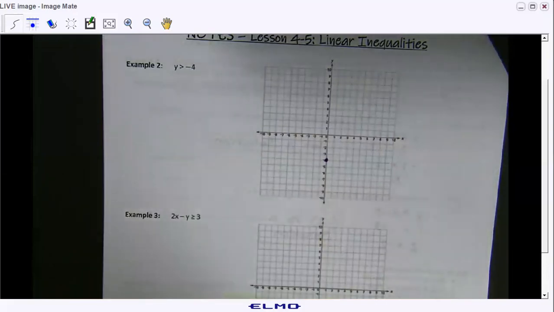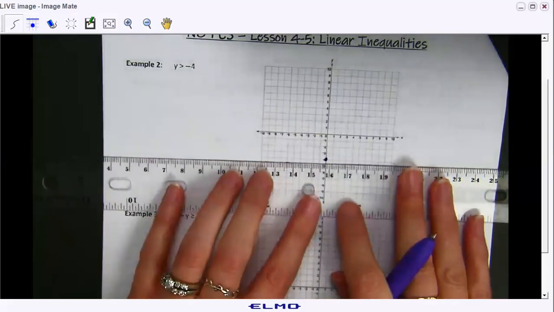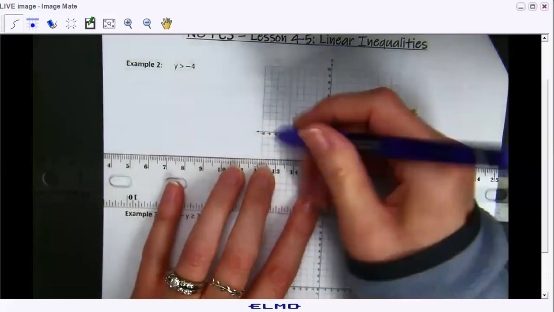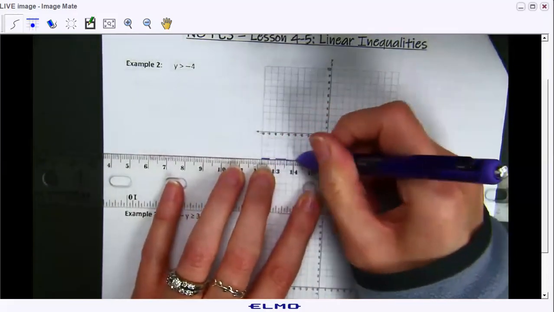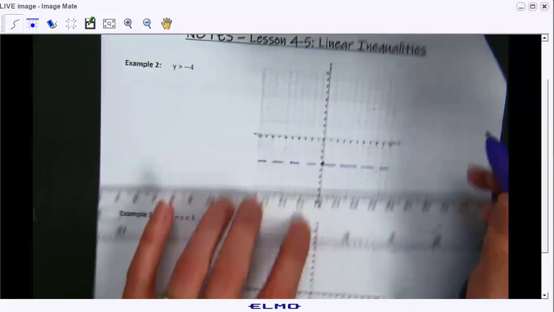However, we need to figure out if we're going to draw a solid line or a dotted line. Which type of line are we going to draw? Dotted. Why? It's not equal to, so we're going to draw a dotted line going across our graph.